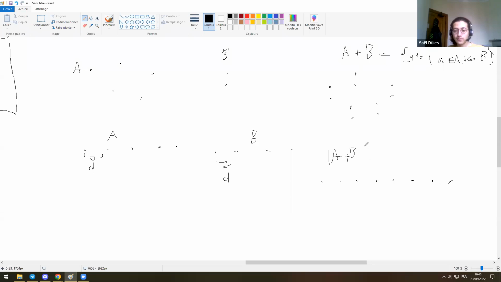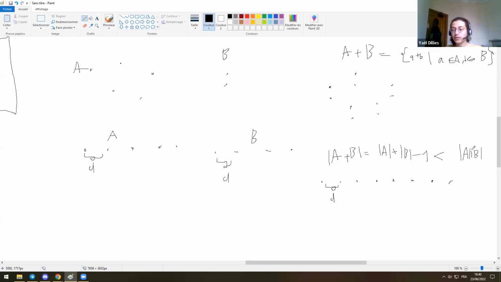So in that case, the size of A plus B is equal to the size of A plus the size of B minus 1. So let's call that D as well. And you see that this is actually pretty small compared to the size of A times the size of B.